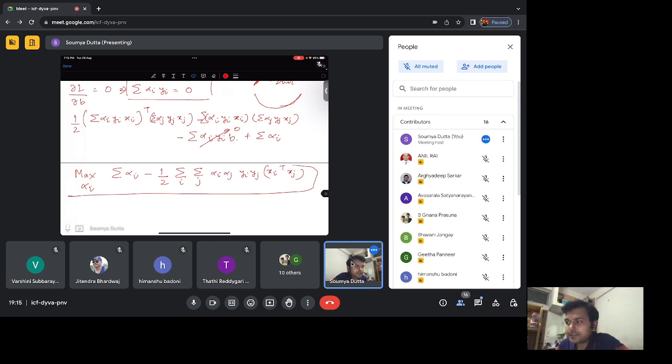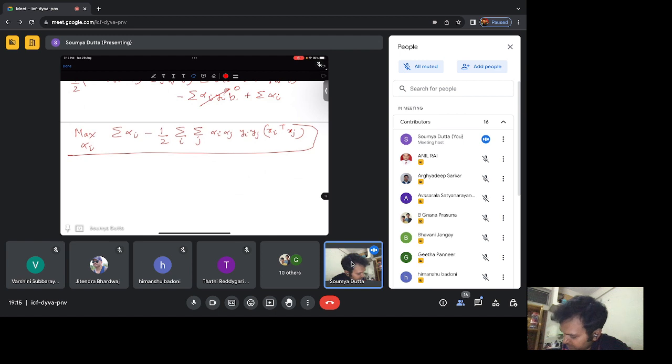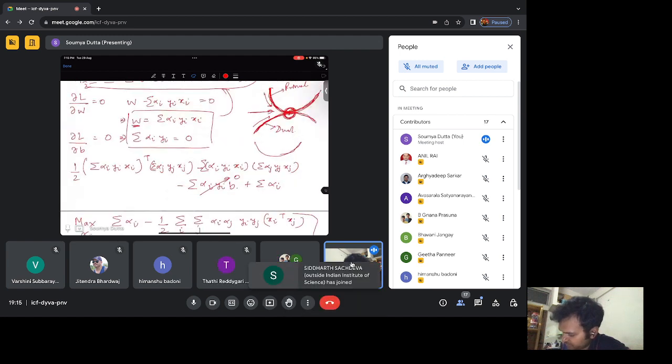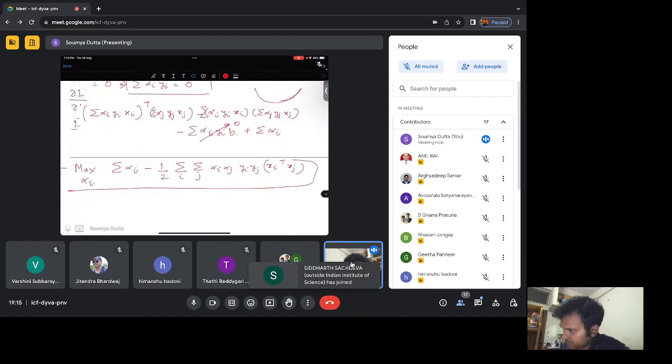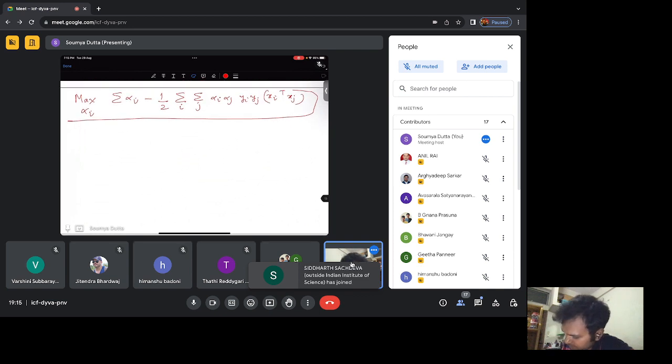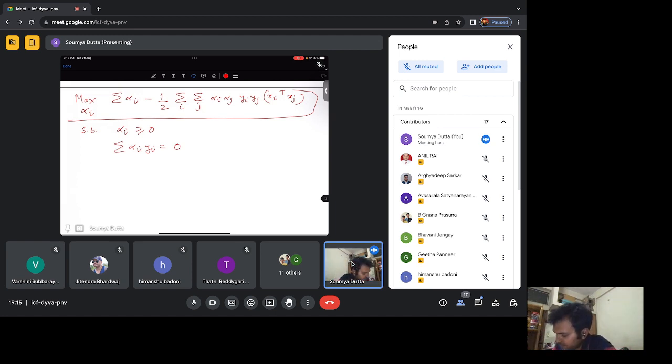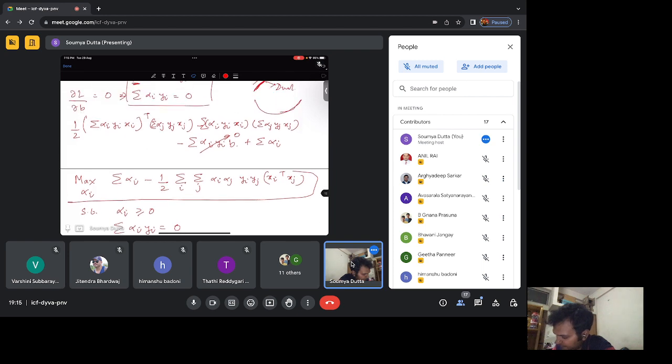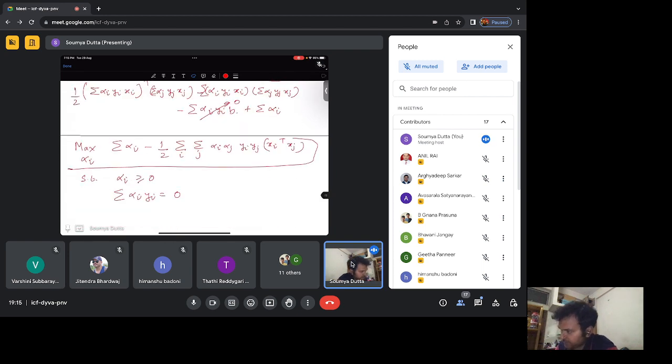This is your dual problem subject to some constraints. Your first constraint was alpha i greater than or equal to 0, and the second constraint is summation of alpha i yi equal to 0.